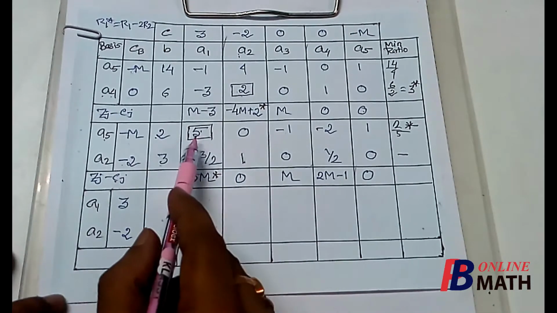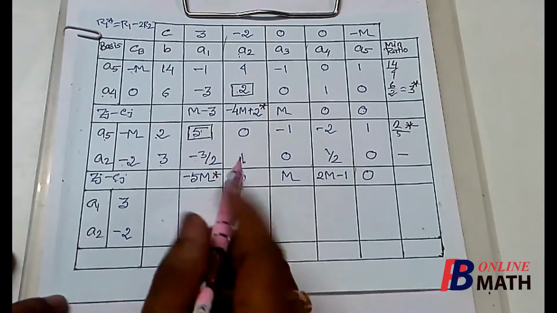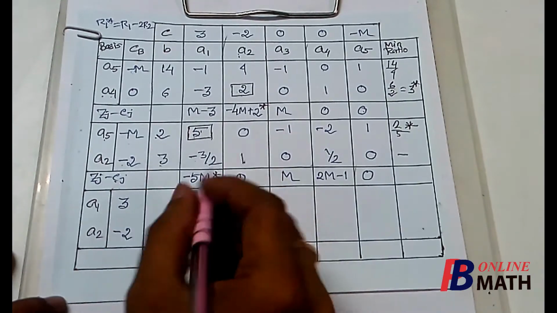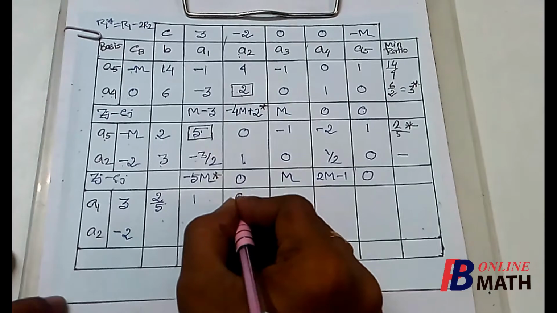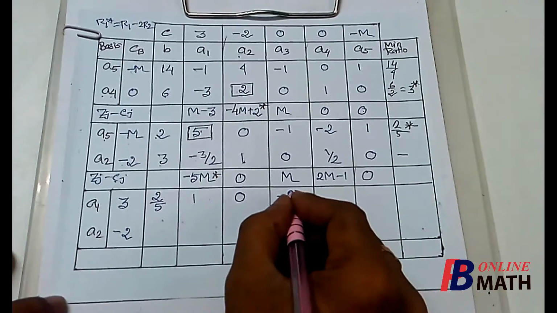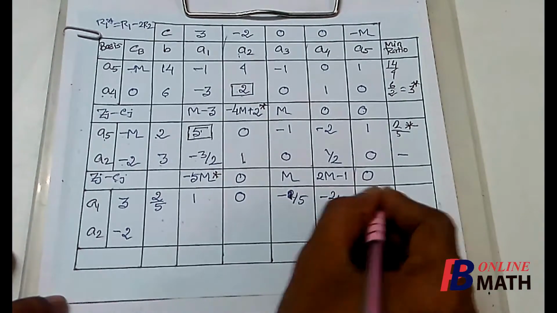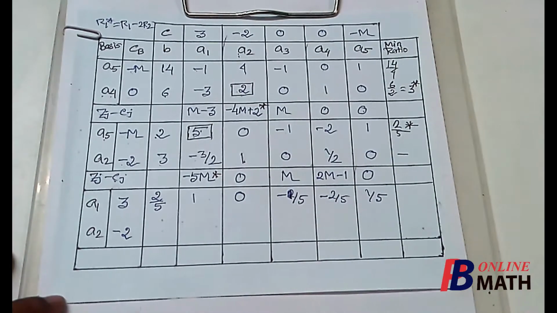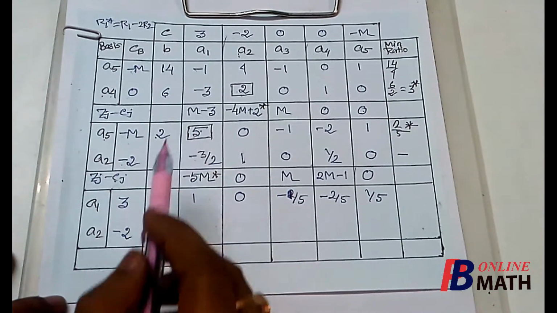Now we need to make this key element 1. For that we have to divide this entire row by 5. So if we divide this entire row by 5, then the elements will be 2 by 5, 1, 0, minus 1 by 5, minus 2 by 5 and 1 by 5. And next we have to make this element 0 by using this key element.